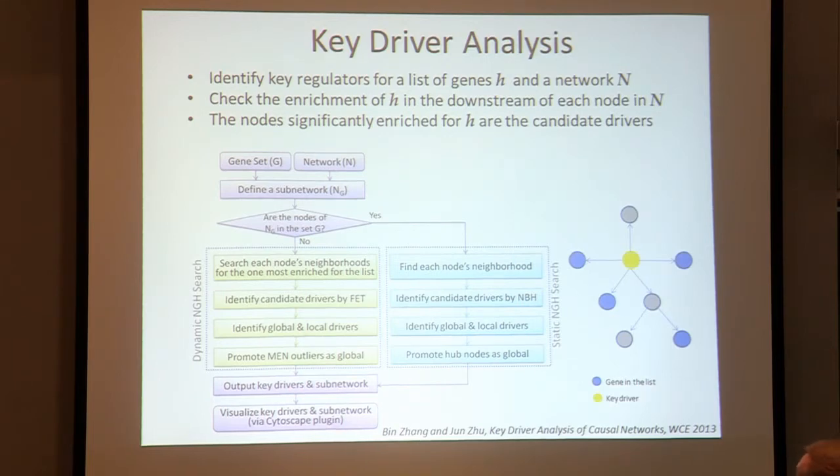Like from many experiments, you have case-control with a small number of samples. You won't be able to build a co-expression network because of the small number of samples, so in that case you can only define a differentially expressed gene list.